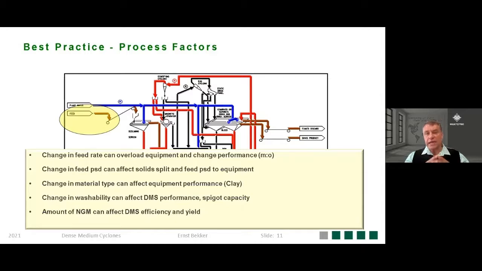The amount of near gravity material can affect your DMS efficiency and yield. Near gravity material is material that is situated around the cut point of the cyclone. Normally, if your cut point is 1.5, for example, all the material between 1.4 and 1.6 is defined as near gravity material.